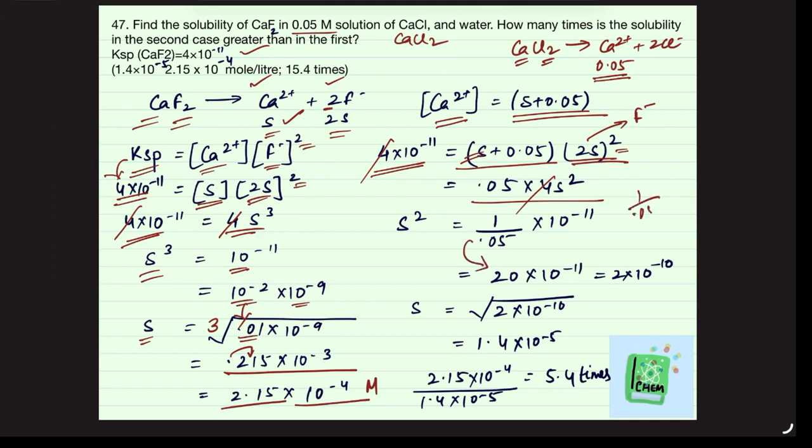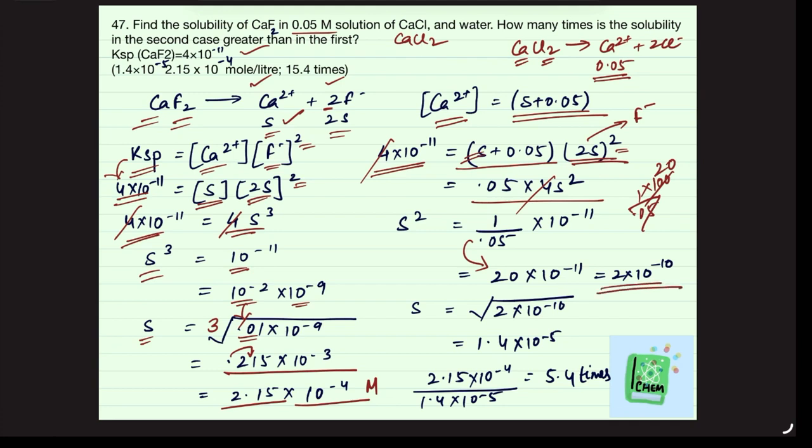Removing the decimal, it becomes 100 in the numerator. 5 ones are 5, 5 twos are 10, 5 zeros 0. So this is 20. So 20 into 10 to the power minus 11, which can also be written as 2 into 10 to the power minus 10.